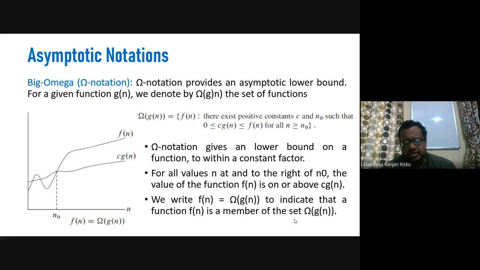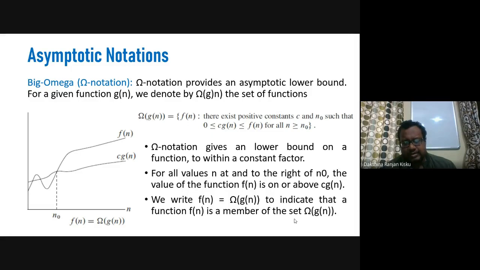Since big omega g(n) is a class of functions or set of functions, therefore for all values of n at n0 or to the right of n0, the value of the function f(n) will be found to be greater than or equal to c g(n). That means f(n) will be found on or above c g(n). That is why f(n) is called lower bounded by function c g(n).